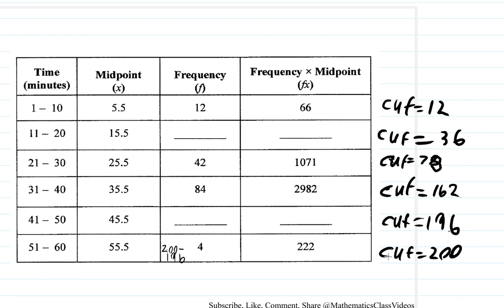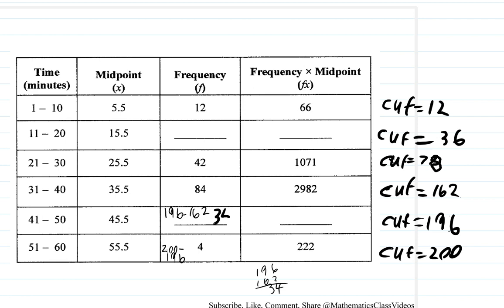So this one is this cumulative frequency minus the previous cumulative frequency. This, therefore, should be 196 minus 162, right? 196 minus 162 would be 34.